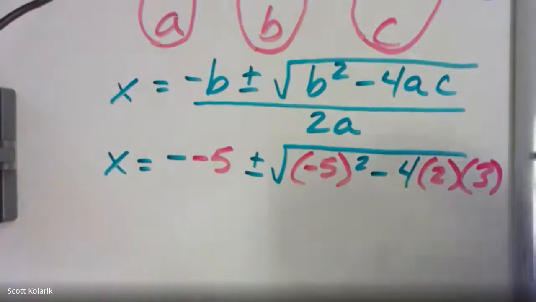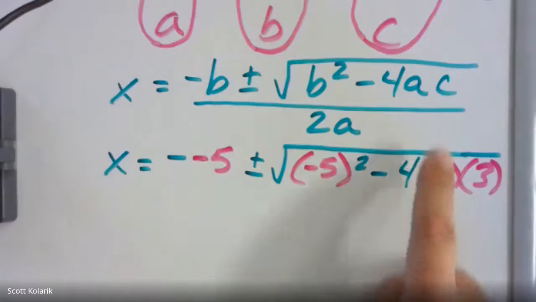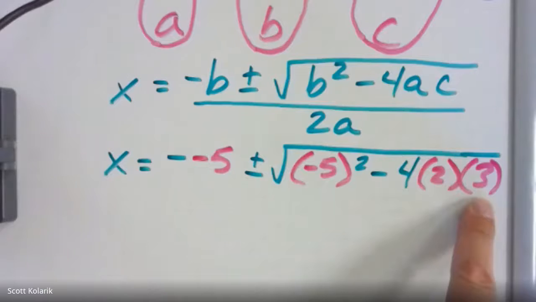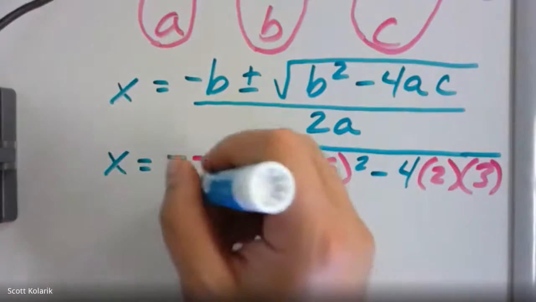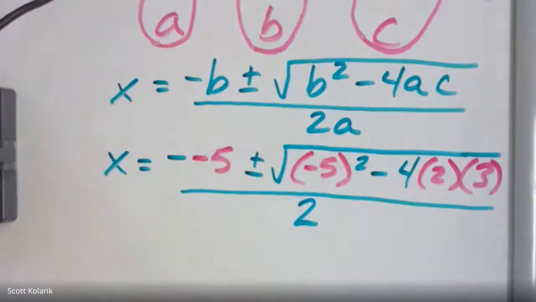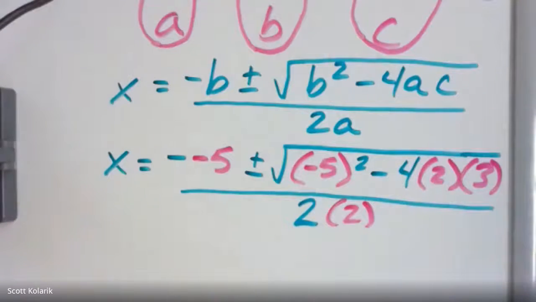And you'll notice I put in the parentheses there. The parentheses are just for 2 reasons: to signify that that's replacing the a in that case, and that one's replacing the c, showing the substitution. But also, if there ever happens to be a negative, I can keep track of that sign along the way. And then lastly, all of this mess is going to be divided by 2 times a, again being replaced by that +2 that was multiplied by the x squared.